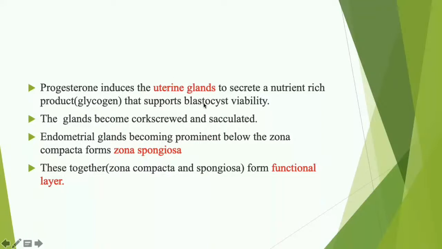Now in the uterine glands, there is an increase in the nutrient rich product, especially glycogen, that supports the blastocyst viability. Now the glands become corkscrew and sacculated. Now this layer is known as zona spongiosa. Now you have zona compacta and spongiosa forming what is known as the functional layer, which is going to be shed during the menstruation if pregnancy has not occurred.